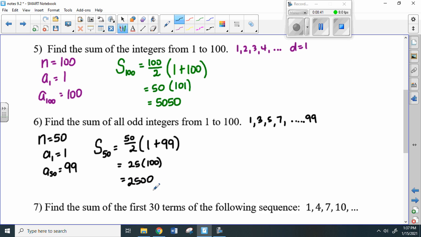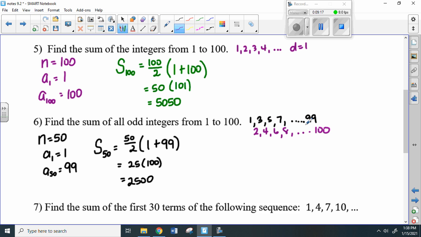Now I do want you to notice something. Just because I had half as many numbers, notice I did not get exactly half of the sum from number 5. There actually is a reason for that. If you think about all the even numbers, all the way up to 100, every single even number is 1 bigger than the odd.